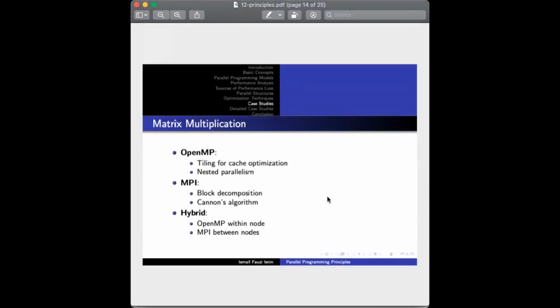Next, we go for the case study of the OpenMP, MPI, and also hybrid approaches, especially for matrix multiplication. Okay, let's examine how we apply these abstract optimization techniques to our first major case study, matrix multiplication.